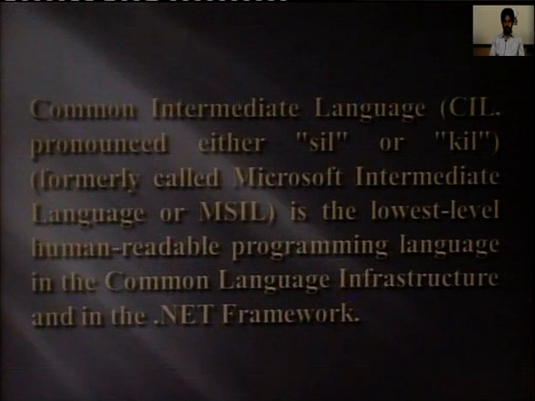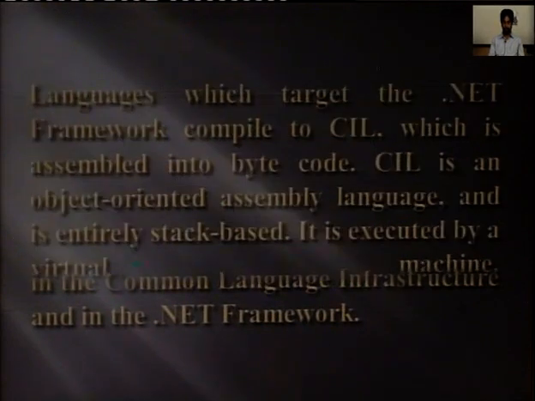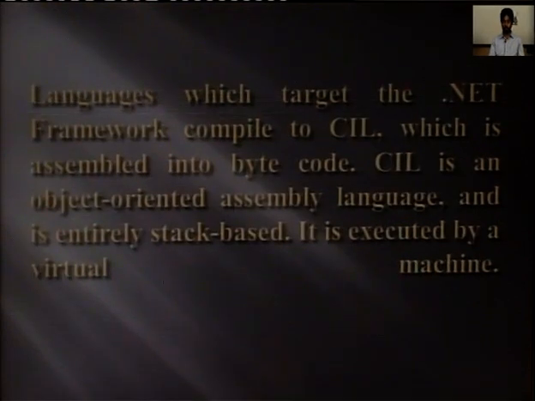Common Intermediate Language, pronounced either CIL or KIL, formerly called Microsoft Intermediate Language, is the lowest level human-readable programming language. In the Common Language Infrastructure, .NET Framework languages which target the .NET Framework are compiled to CIL, which is assembled into bytecode.